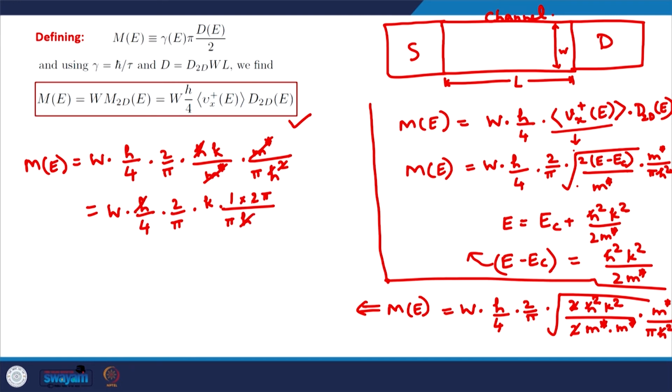So, this further cancels out, pi and pi, 2, 2. Okay. So, what is left with us is W times k by pi.